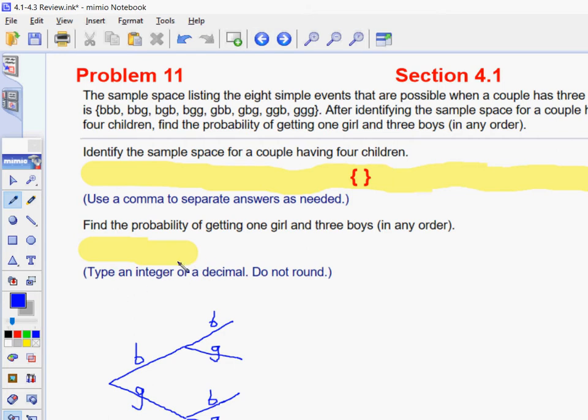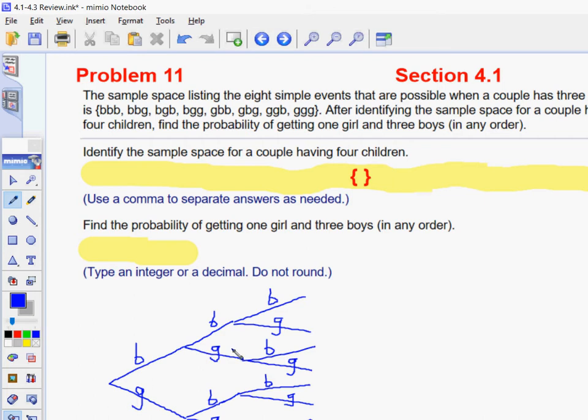If we had a boy and a boy first, we could have a boy or a girl. Or if we had a boy then a girl, we could have a boy or a girl. If we had a girl and then a boy, whoops, kind of messed that up. We could have a boy or a girl.